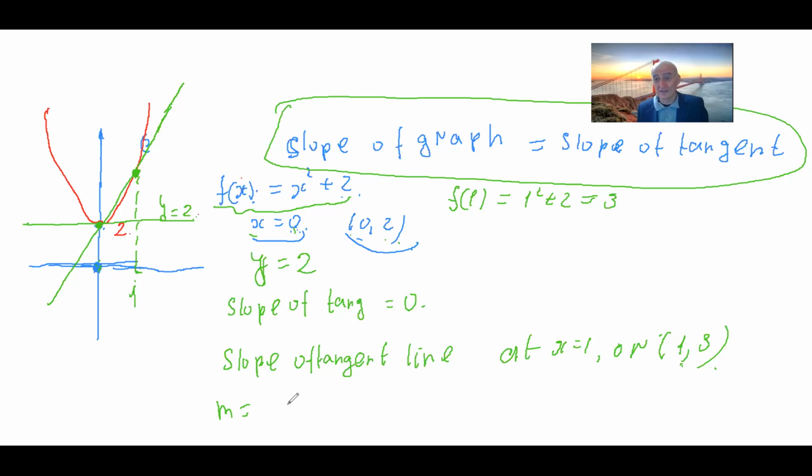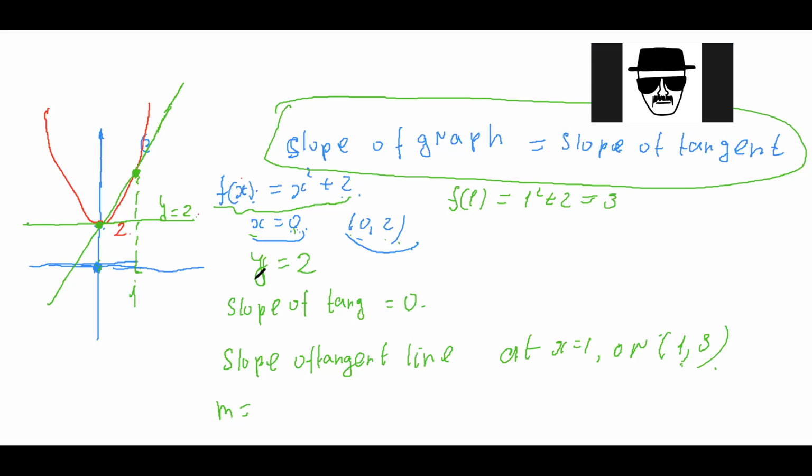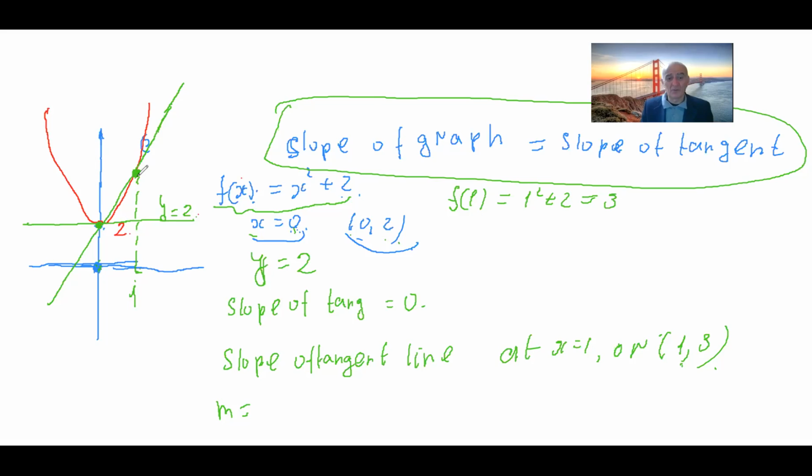But the problem here is that we have only one point, Rati, only one point. We have no other point. We have only one point, and that's why we need the derivative.